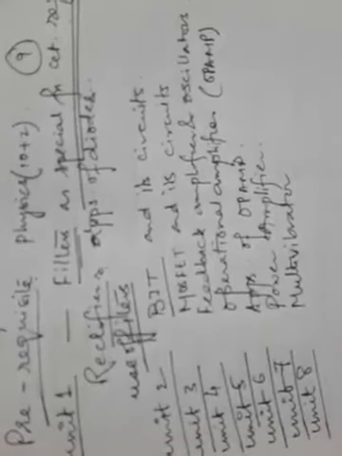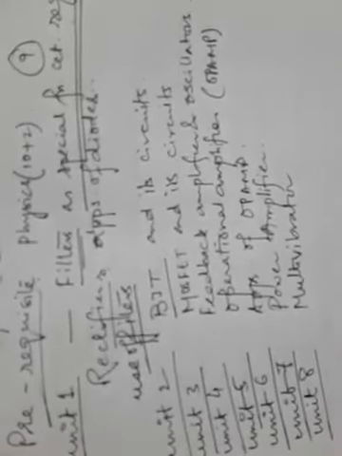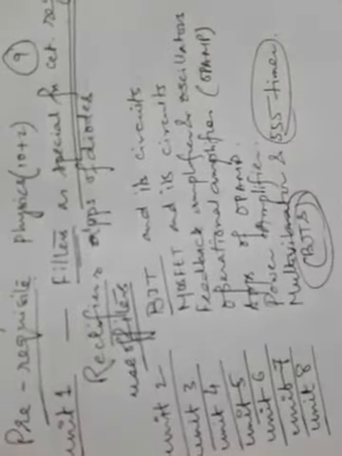You will see how it works, its classification, the difference between the different classes of operation of multivibrator. Multivibrator will be discussed with the help of BJTs as well as with the help of a typical circuit which is called 555 timer. So this module will be primarily discussing about multivibrators using BJTs and also using 555 timer, and you will get the concept of 555 timer.